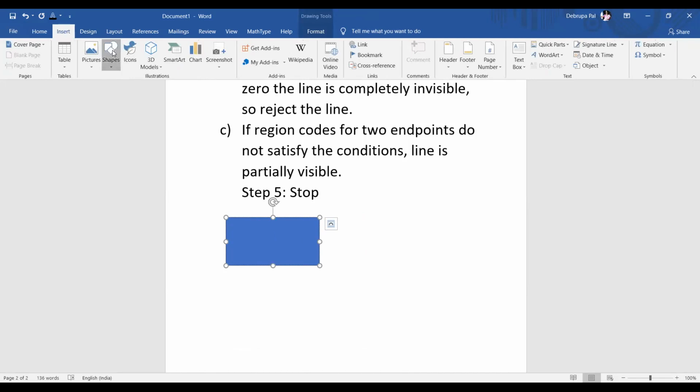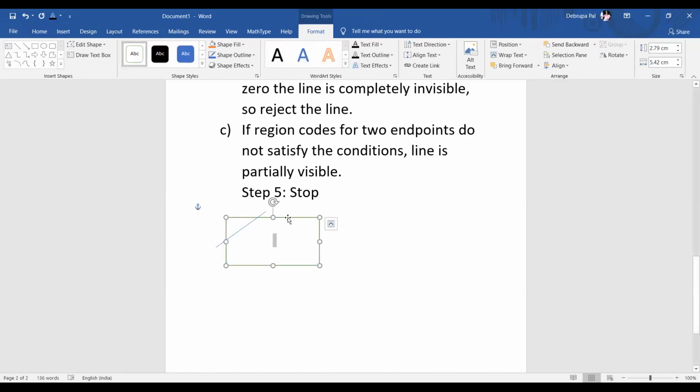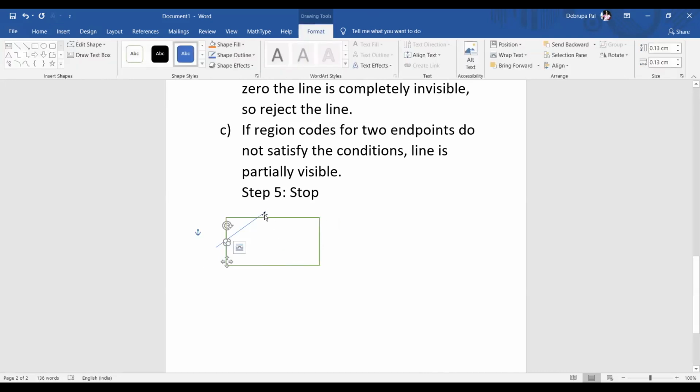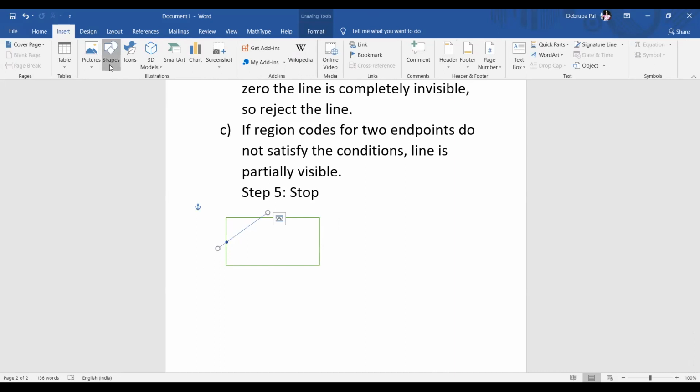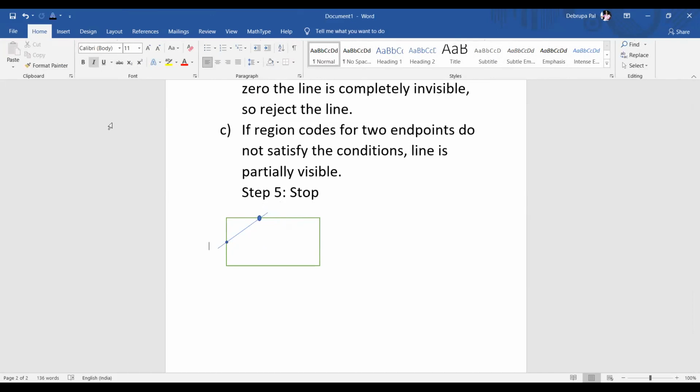Here, suppose a line is there, and it intercepts the points.